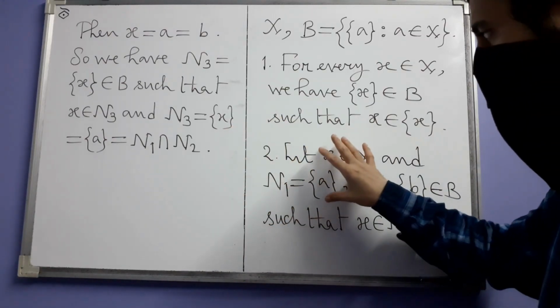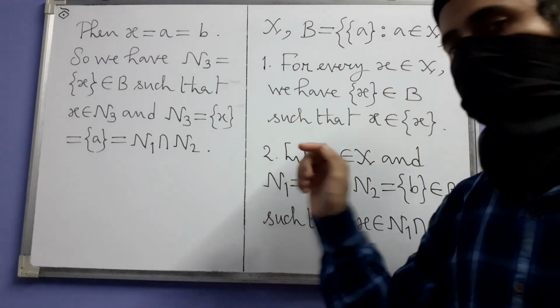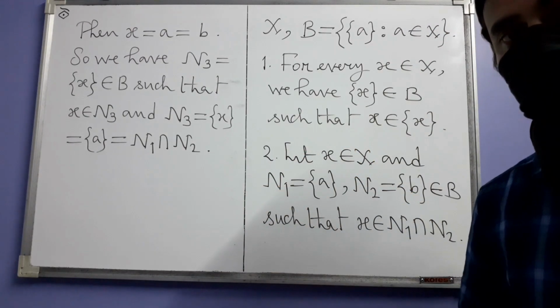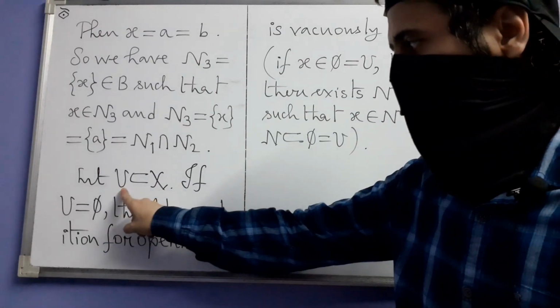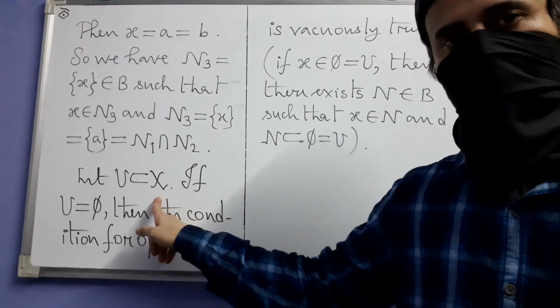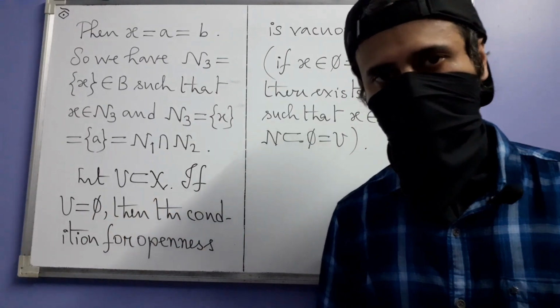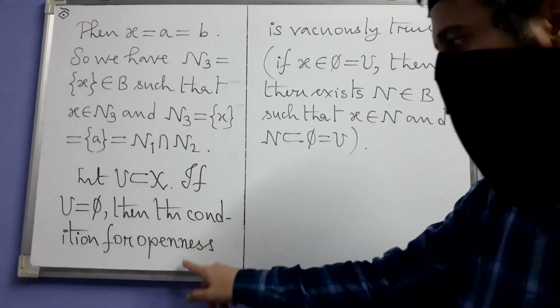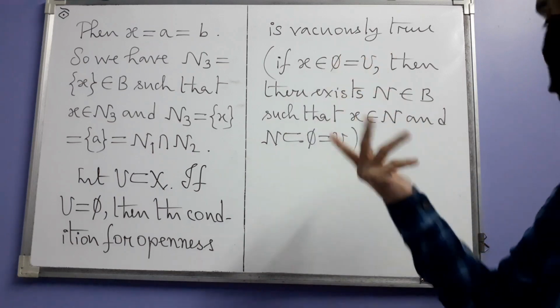So under that topology, every subset should be open. Is that true? Let's see. So let us take any subset U of X. Let us first handle the case where U is the empty set. In this case, the condition for openness is vacuously true. How?